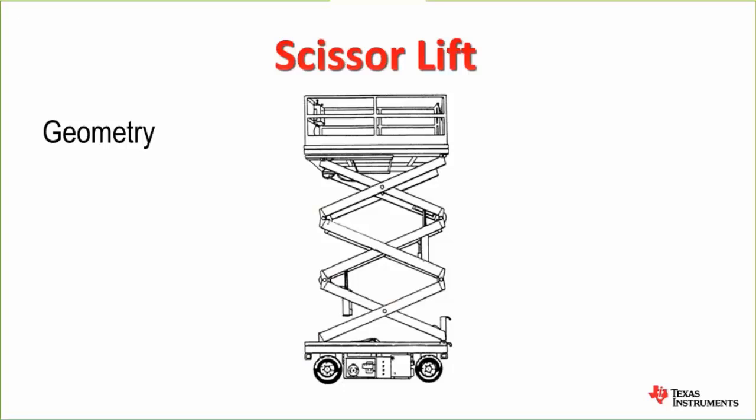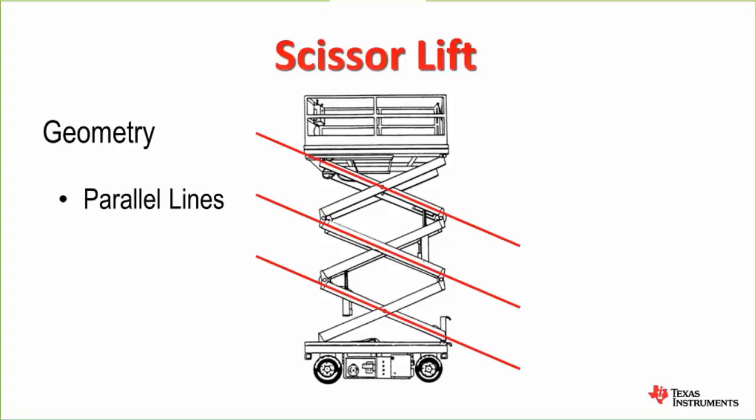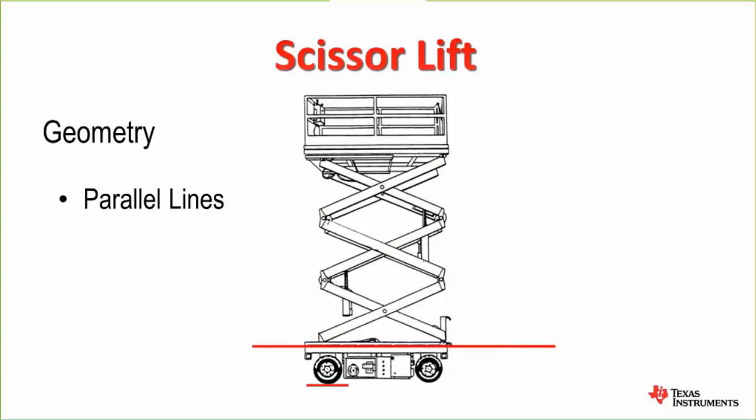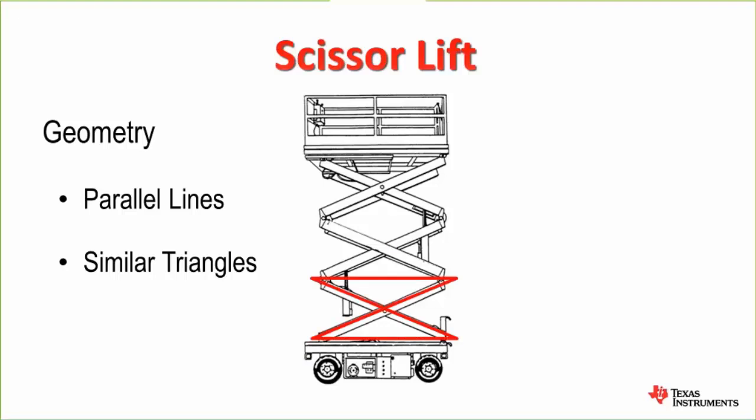If we're looking at a scissor lift, which you'll see the actual working model of in just a moment, students could look at parallel lines and determine whether the lines at the top and bottom are indeed parallel, which should be paramount for the safety of said rider. The other possibility, other than geometry, is similar triangles, and there are a couple in here which we can see.